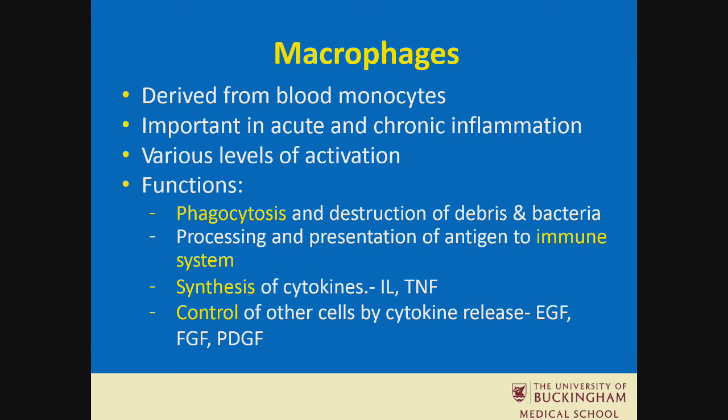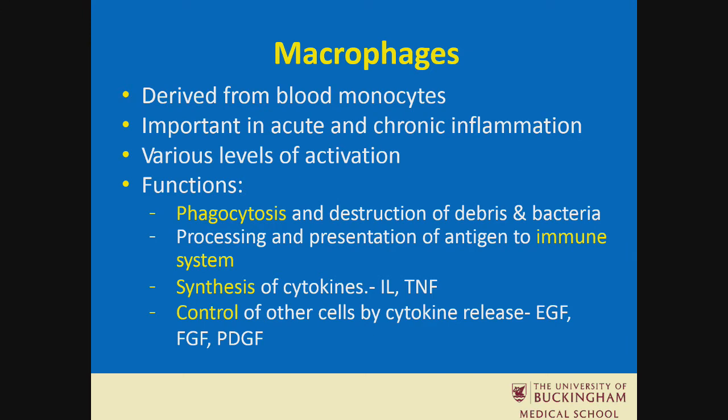They influence fibroblasts and stimulate collagen synthesis, so fibrosis. So it is involved in a sort of healing. Some of the cytokines are involved in inflammation and some in healing, fibrosis. So the functions of macrophages are phagocytosis and killing, antigen presentation, and a lot of cytokines.